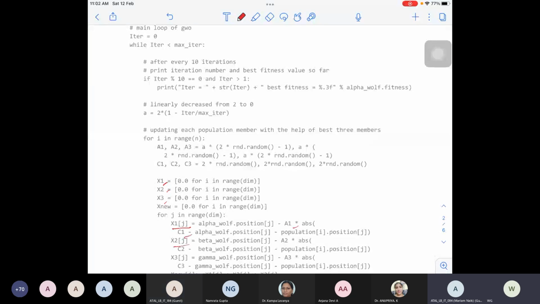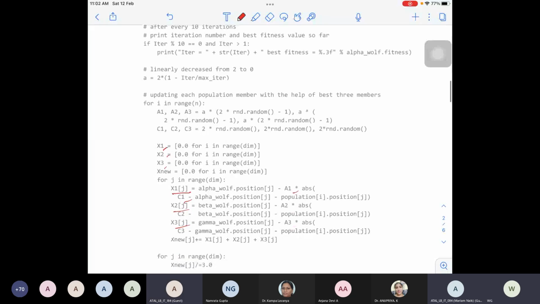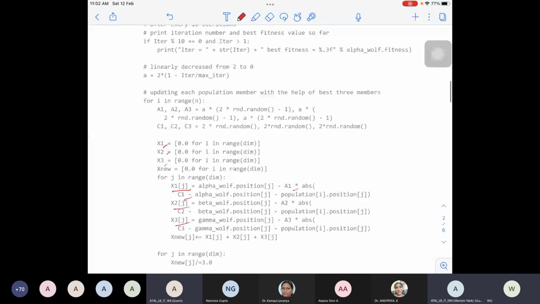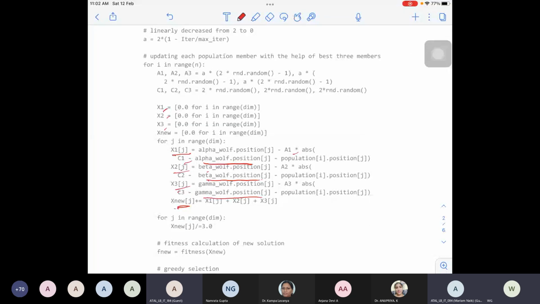Basically, in every step, you have this x1 computed using the alpha wolf position, x2 computed using the beta wolf position, and x3 computed using the gamma wolf position, and then based on that you find out the new position for this particular wolf, right?